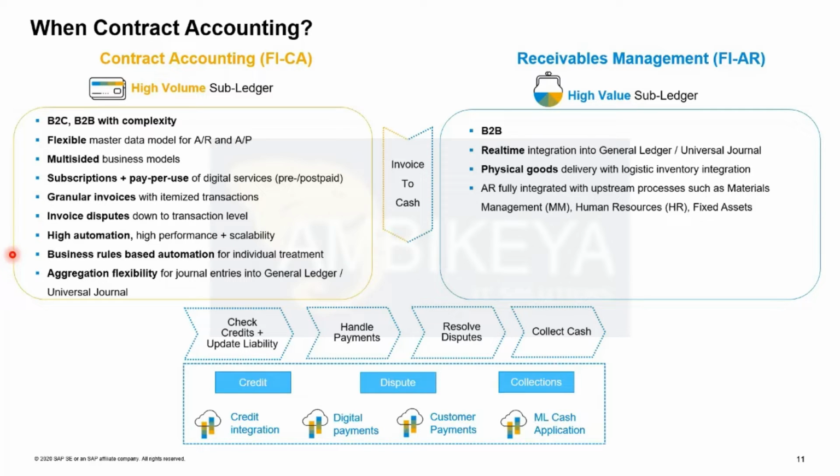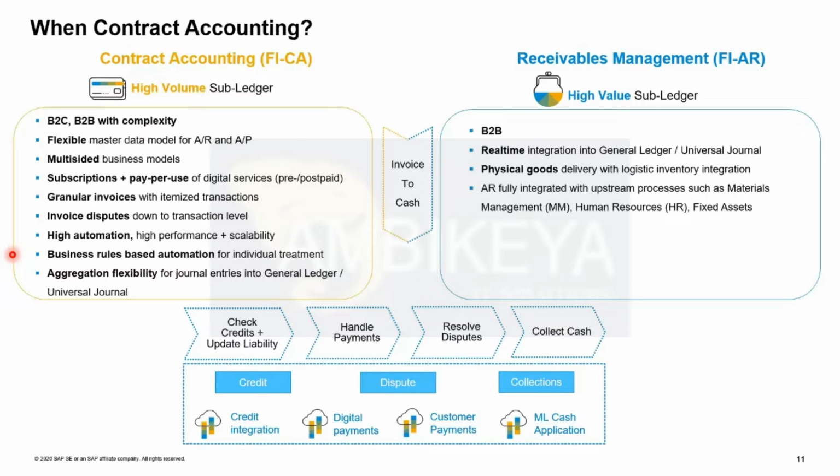For billing, we have the billing cycles. For other debtor-related processes in FICA, we are using mass activities that are scheduled, that don't have to be executed manually.